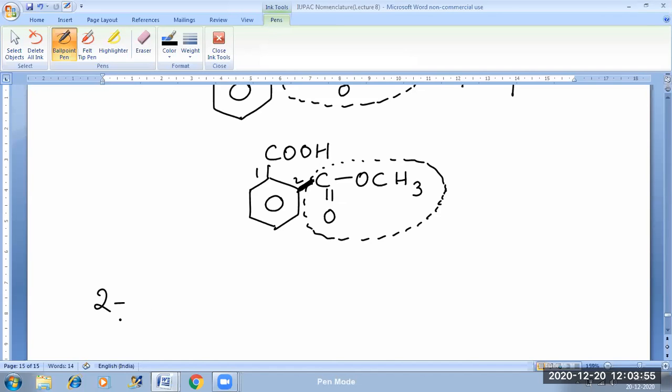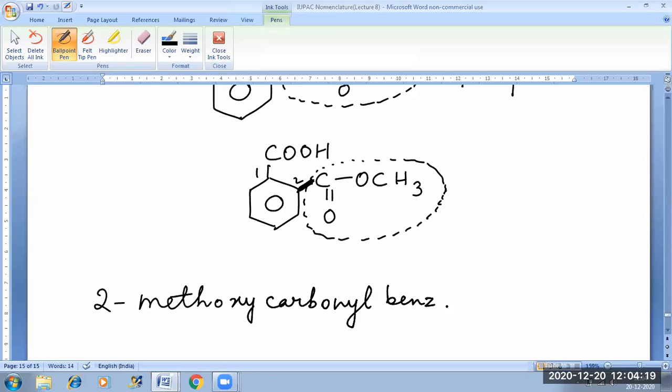The prefix for an ester is alkoxycarbonyl, so this will be 2-methoxycarbonyl. This will be the prefix. COOCH3 is called methoxycarbonyl. So 2-methoxycarbonyl, and then you will write benzoic acid.